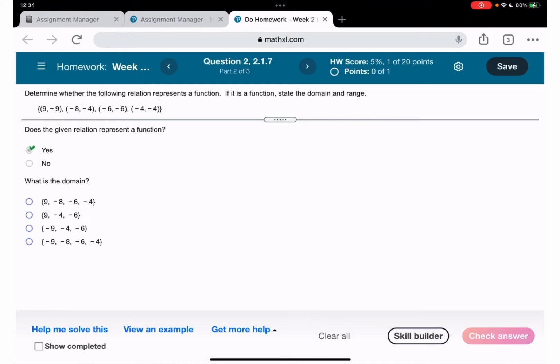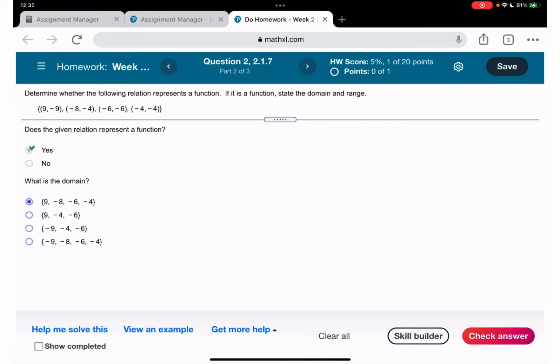Okay. Next, we're following the domain. Domain are all values of x's. And remember again, if x value is repeating in the domain, we don't mark it twice. So domain is 9, negative 8, negative 6, negative 4.